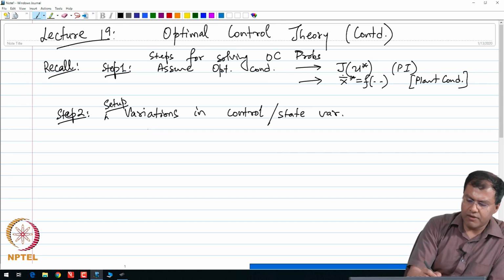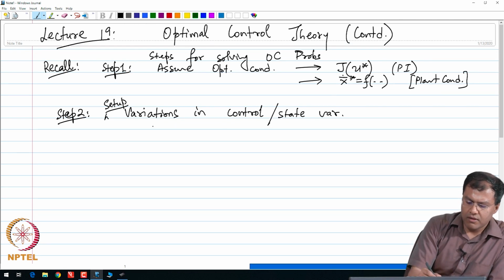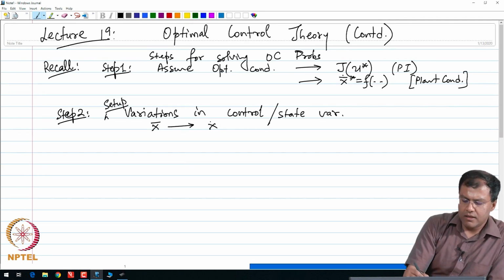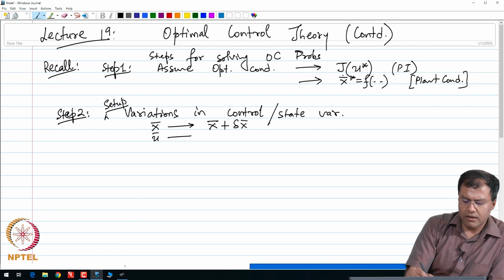Essentially, wherever in our functional as well as the plant condition we have the state variables, we replace it by the state variable plus the perturbation, and wherever we have the control variable we replace it by the perturbed value of the control variable.